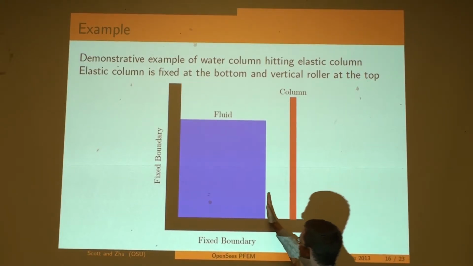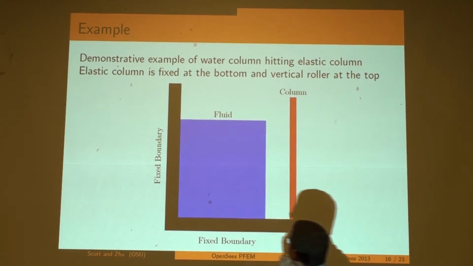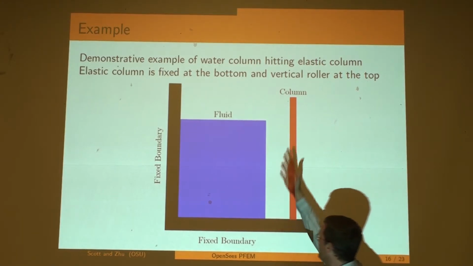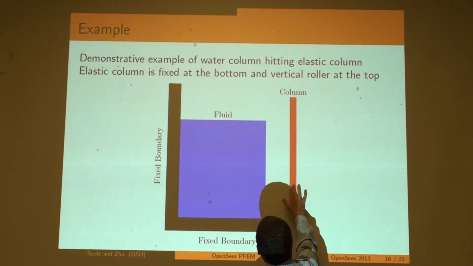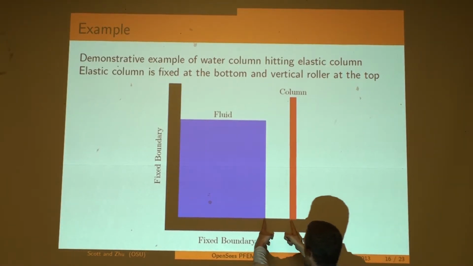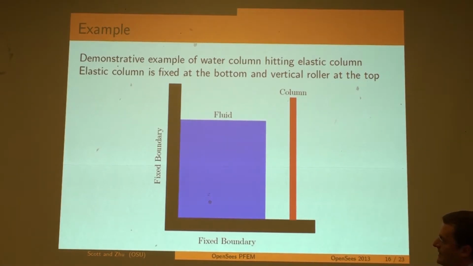Assume there's like a super piece of plywood here that's holding this water back, all right? And we're just going to lift it up instantaneously and then let it swoosh down and hit this structural or elastic column. So there's a little bit of separation here to let the water flow. The column is elastic and it's basically going to act like a rubber band and hold the water back.